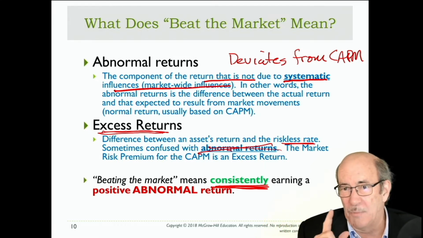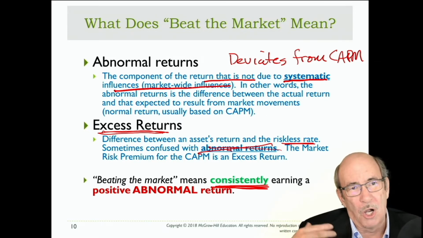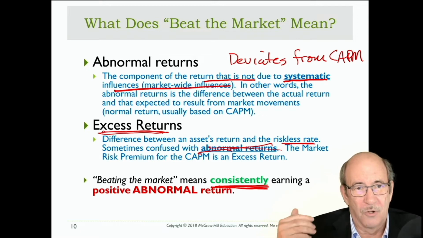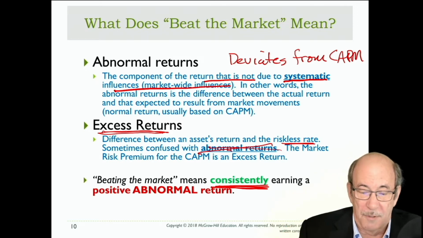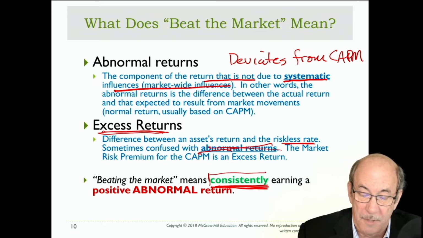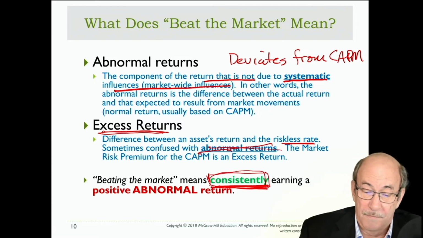So that's not an abnormal return. That's simply a realized return, which is part of potentially a normal price series and an expected return for that stock. So you have to regularly beat this in order to truly say that you beat the market.